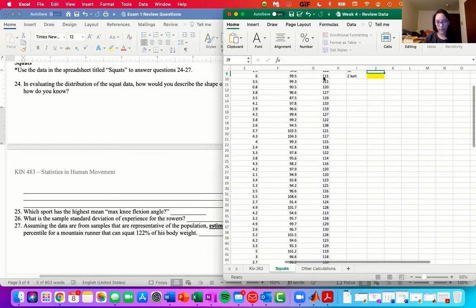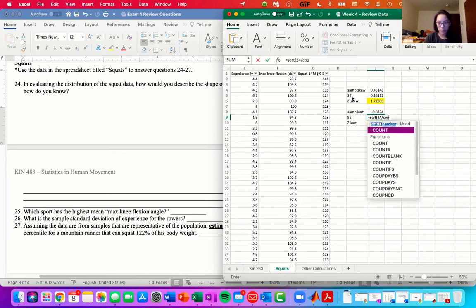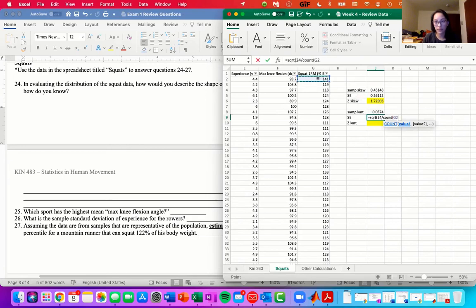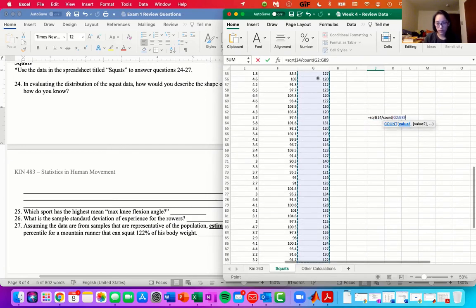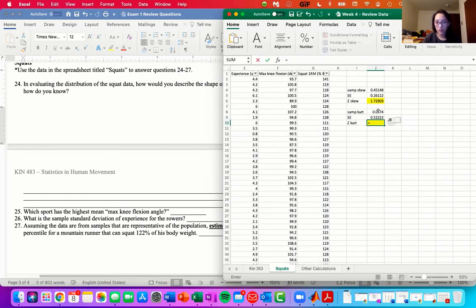We'll do the same thing for kurtosis. I'm going through this quickly because we already went over these procedures. So if you need to review them, that is okay. Voila. There we go. So these are what I calculated.